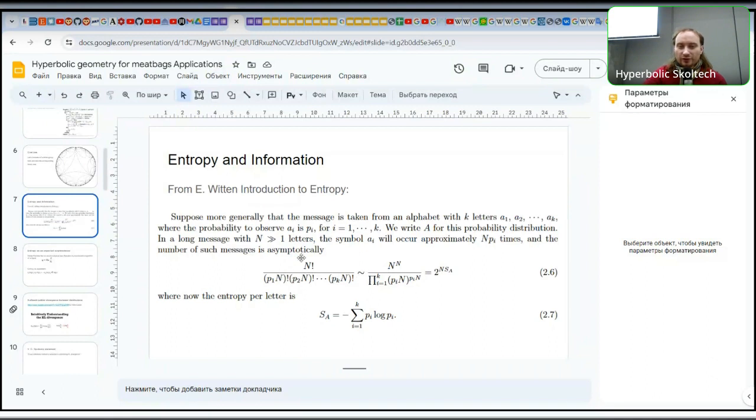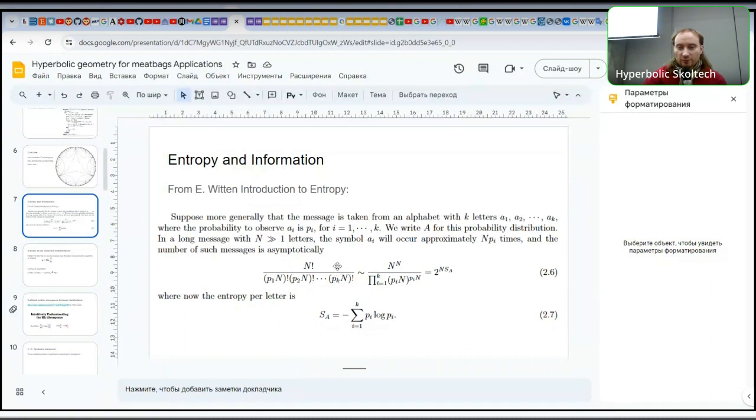And why is it useful? This is not a course on information theory, so I will just briefly mention. For example, if we are computing some letter statistics in a text, then by Stirling's formula the number of such texts is computed by these formulas, and it is asymptotically equivalent to this thing, which is just 2 to the power n multiplied by entropy.